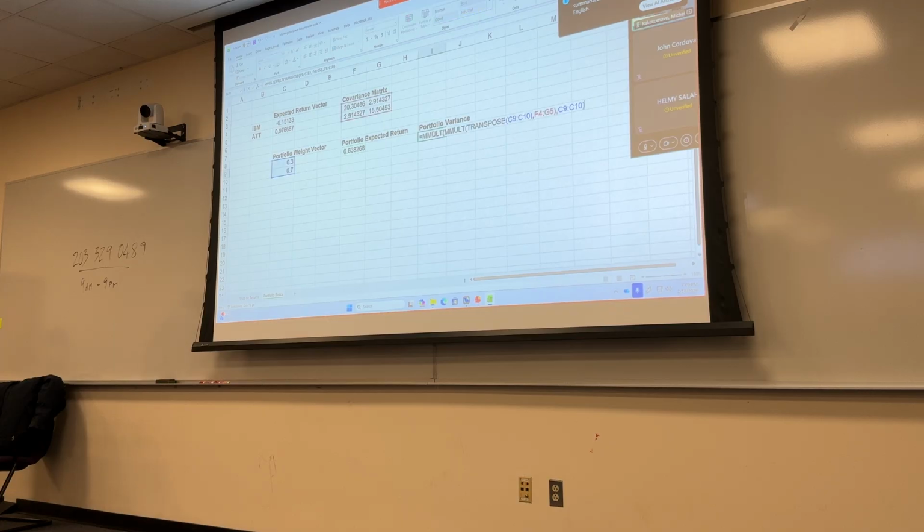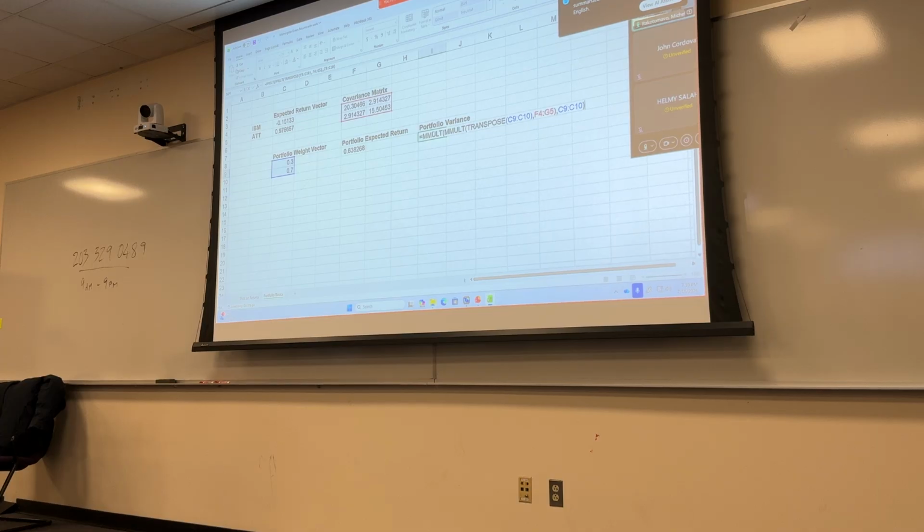So this is the formula, right? Clearly we need two MMULTs, right? Two matrix multiplications. And then the inside multiplication, which is the first one to be executed, would multiply the transposed weight, C9, C10, with the covariance matrix, F4, G5.